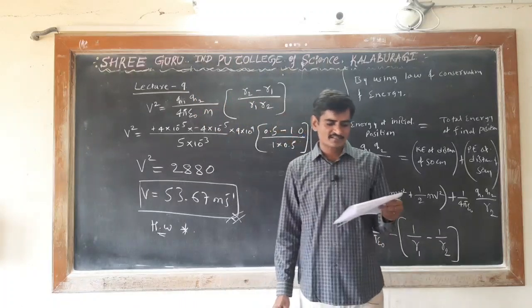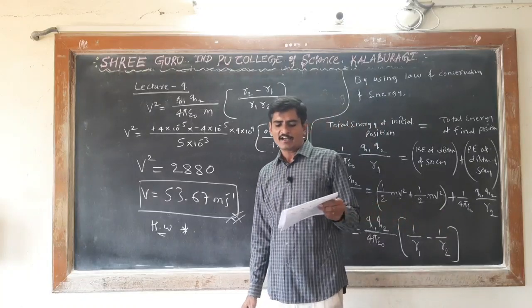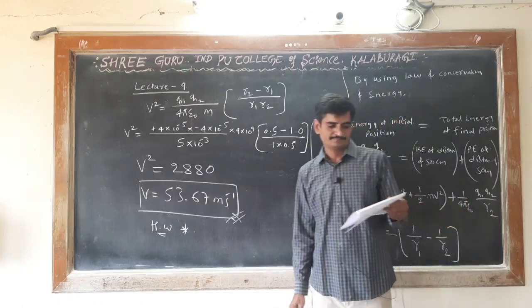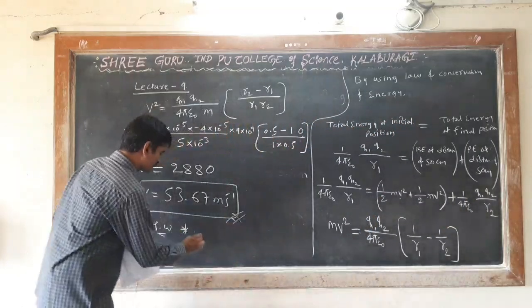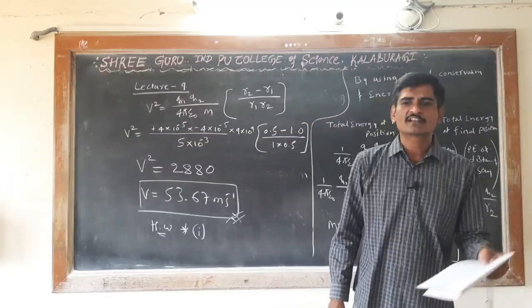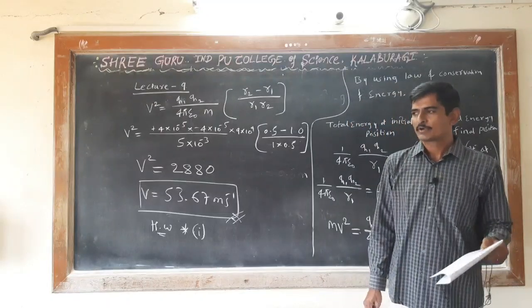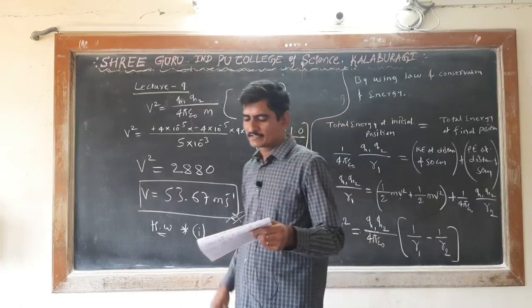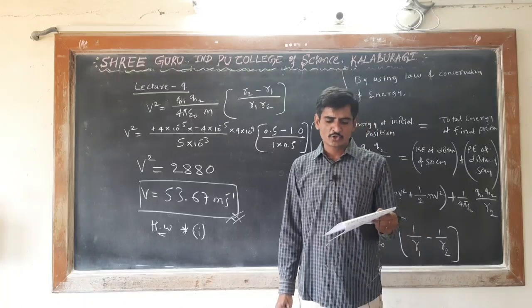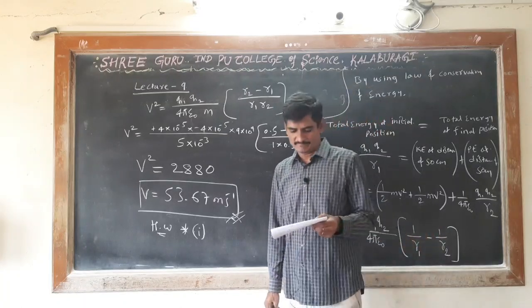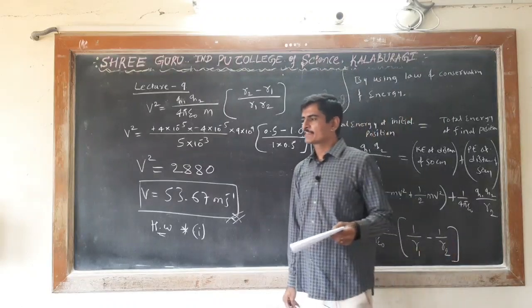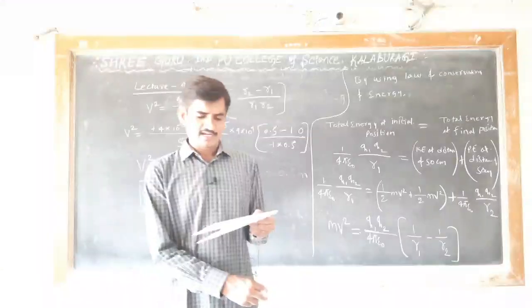First one: calculate the potential energy of the system, assuming the zero of the potential energy to be at infinity.